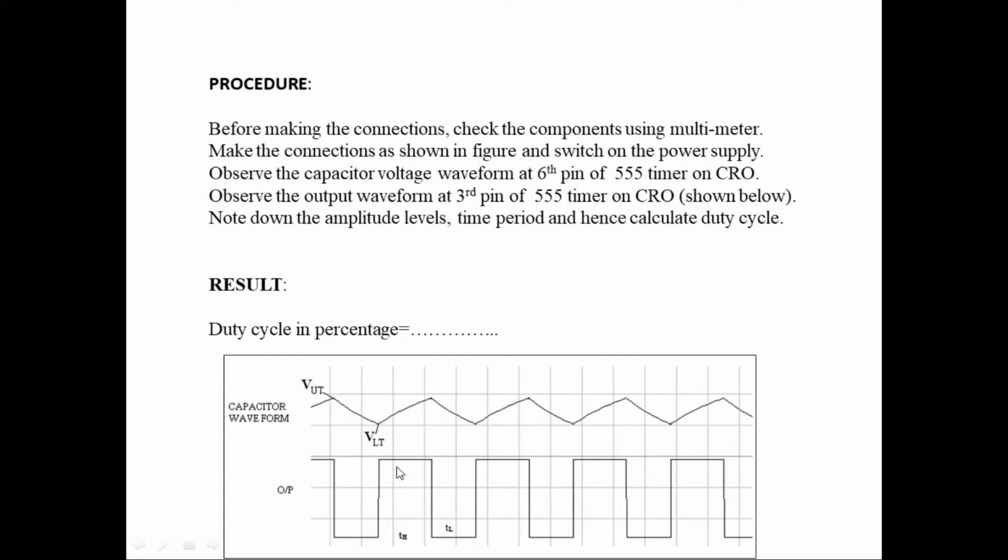So let me consider this as one measure and this as one measure, like 1 plus 1 is 2, so TH is almost equal to 2, and TL is almost equal to 1.5. So 2 plus 1.5 will give 3.5. And TH is what we have considered as 2, so 2 divided by 3.5 will give you the duty cycle in percentage.